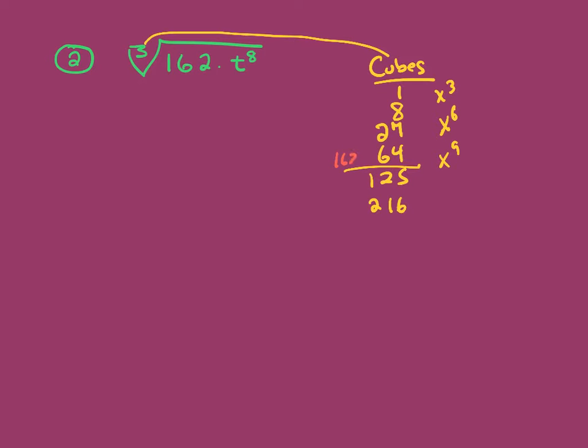So 162 divided by 64, and we'll see what that gives us. Doesn't come out nicely. 162 divided by 27. That gives us 6. So we're going to rewrite the 162 as 27 times 6.